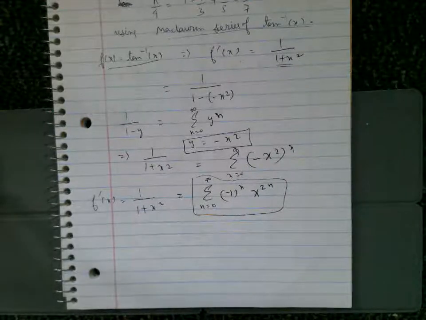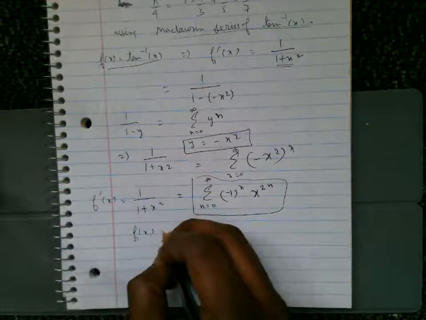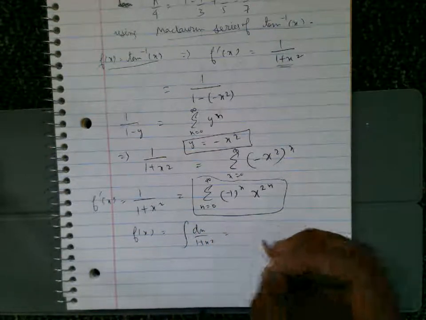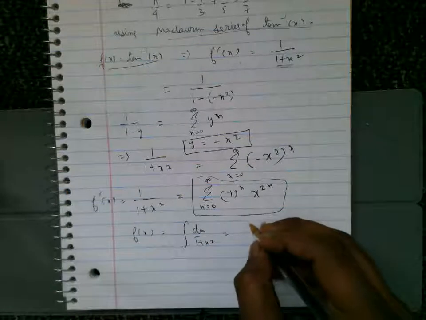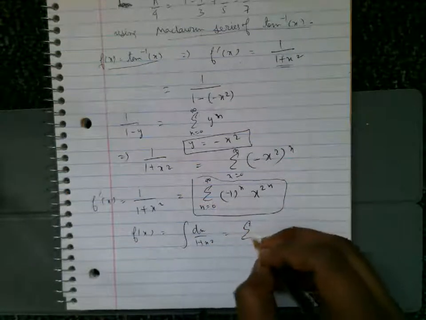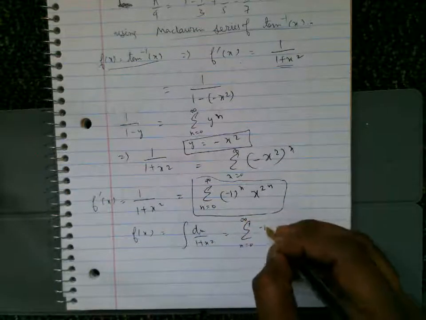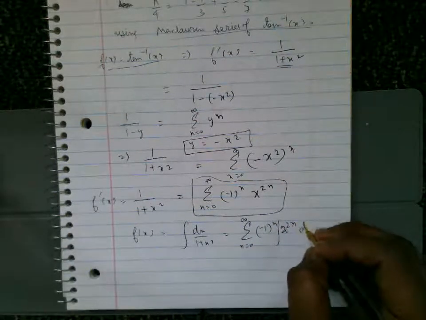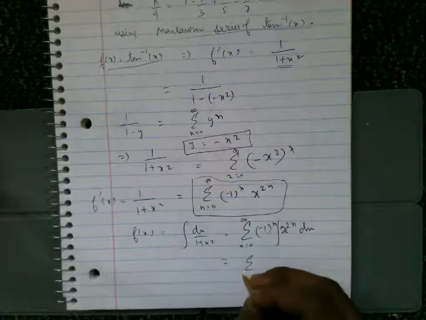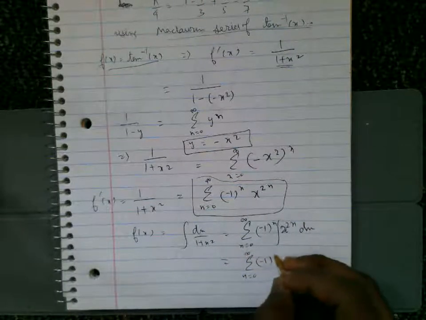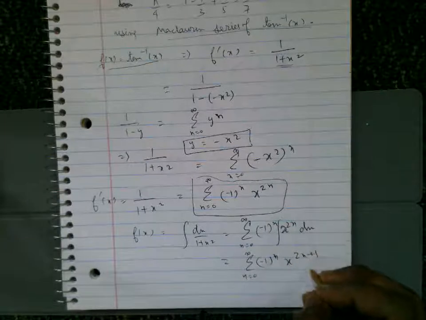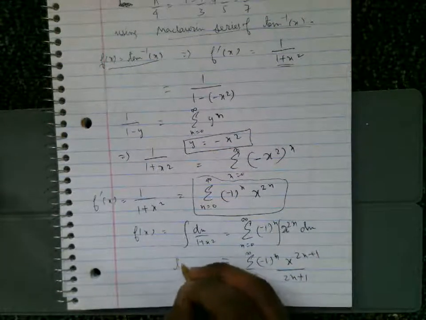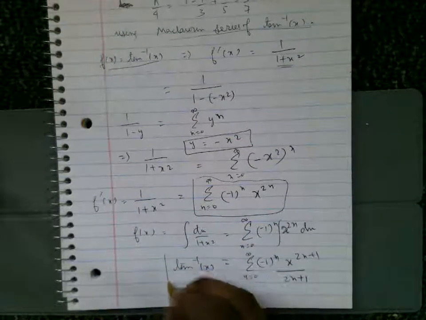So the Maclaurin polynomial for f of x will be the integration of this, and this will be just the integration of this series. So I'm interchanging the sum and integration sign here, and you'll have the integration of x to the power 2n dx. So this can be written down as x to the power 2n plus 1 by 2n plus 1. So this is the Maclaurin polynomial for tan inverse x.